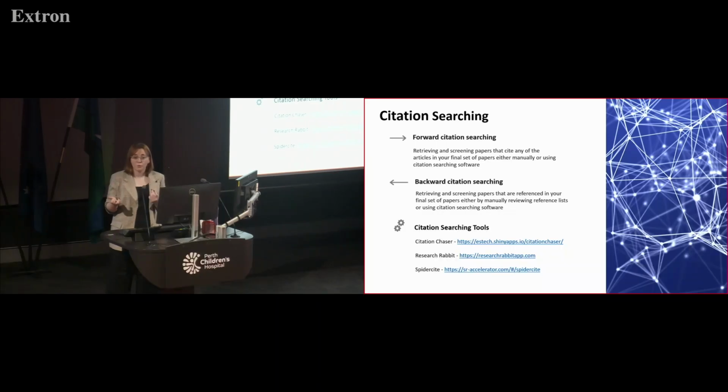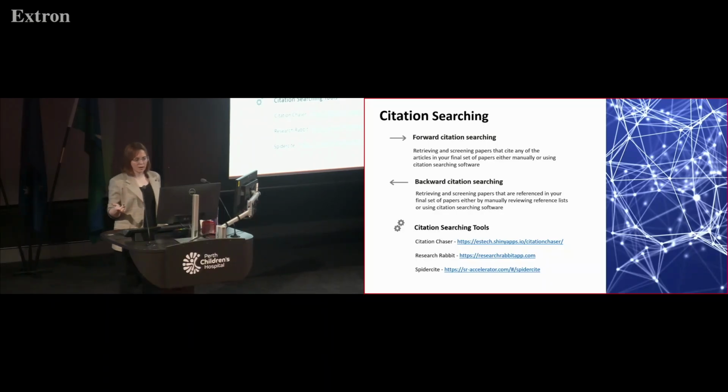There are quite a few free tools that will assist with citation chasing. Citation Chaser is one that I use quite often because you can just add in your list of articles in various different ways, whether it's DOIs, PMIDs, or uploading a CSV or a RIS file. That will do forwards and backwards citation chasing for you.